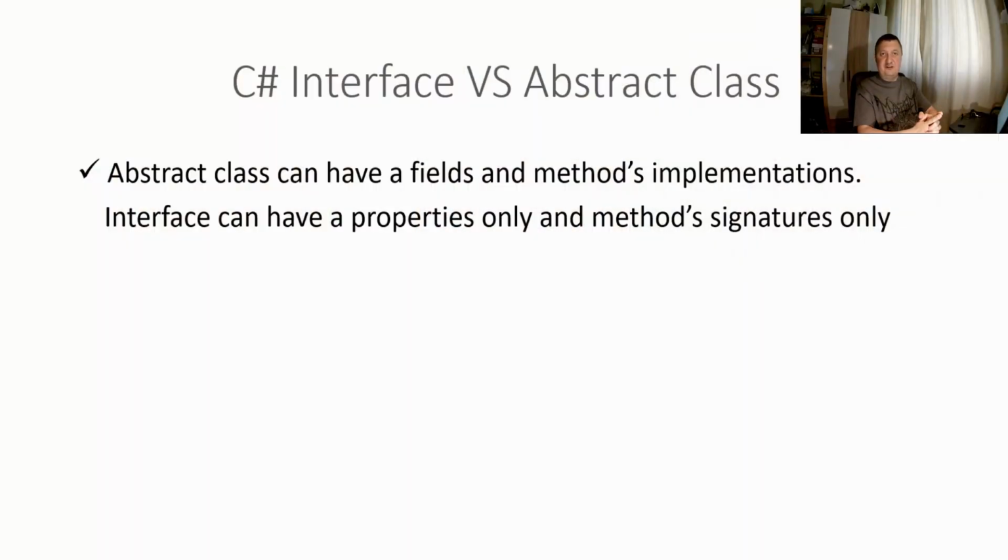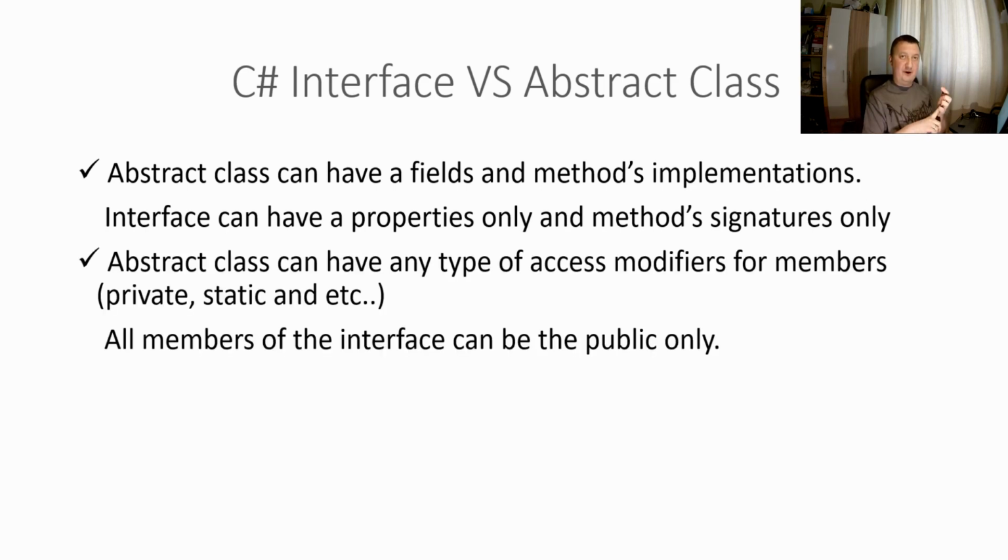So let's make a summary. Difference one: an abstract class can have fields and implemented methods, some default implementation of the methods. Interfaces not. An interface can have only properties and signatures of methods. Abstract classes can have private, static and other types of access modifiers.